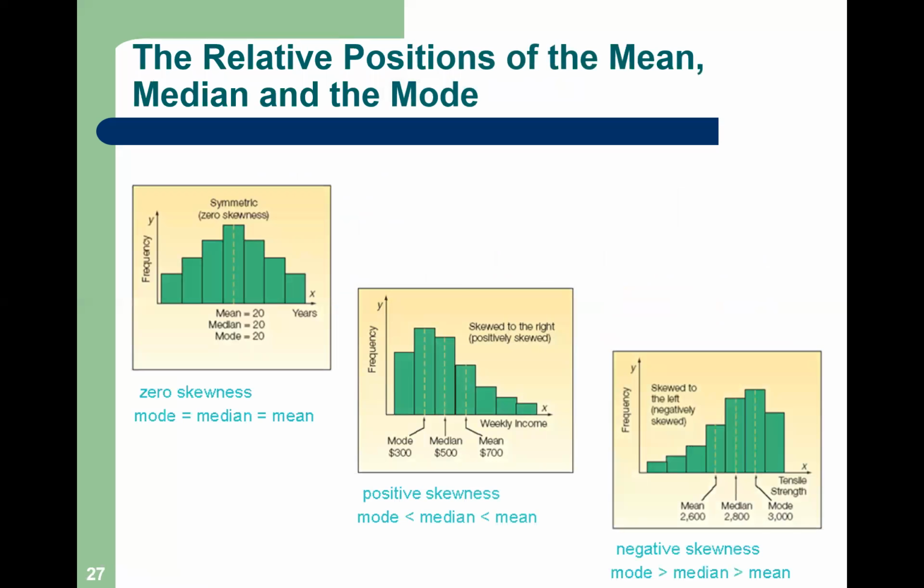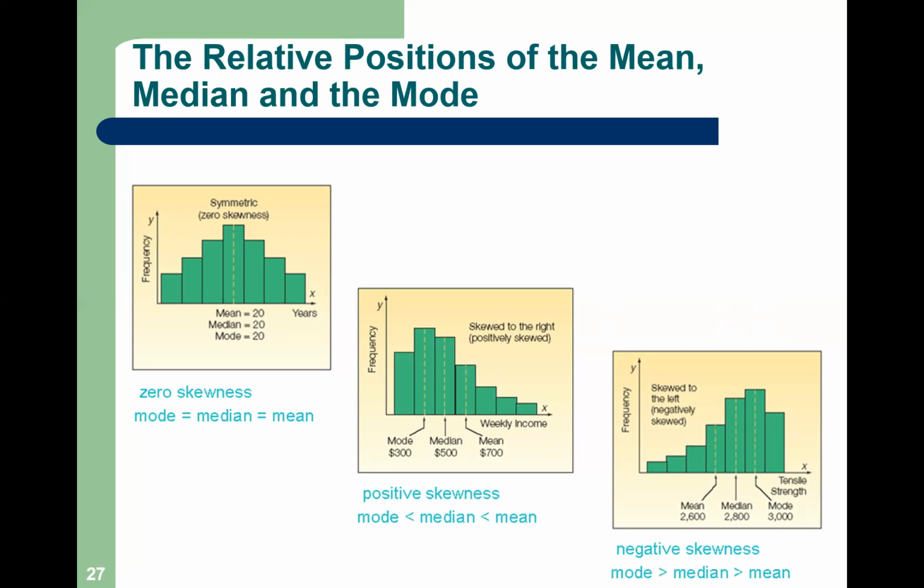Now we understand the relative position of mean, median, and mode for a distribution. There are three types of distribution we are going to discuss here. One is symmetric, also known as normal distribution.